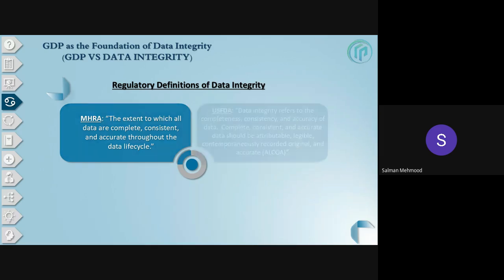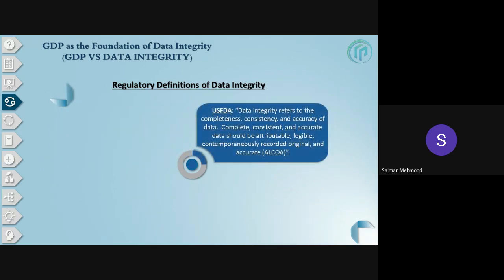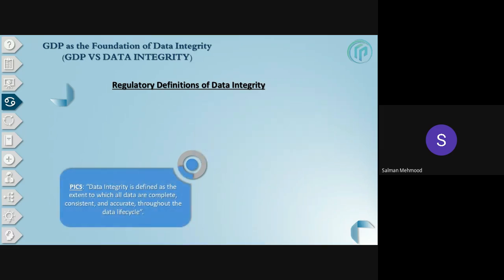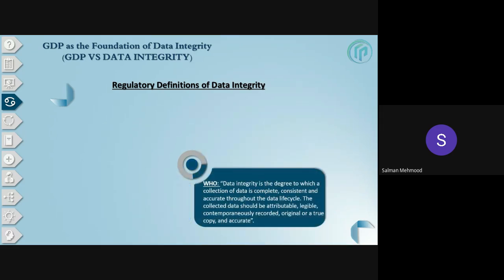All the guidelines, whether it is FDA, WHO, PIC/S, or MHRA, they all say the same thing. Data must be complete, consistent, accurate. If any of these is missing, trust is lost.